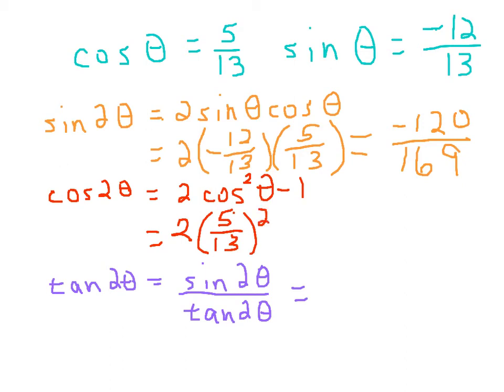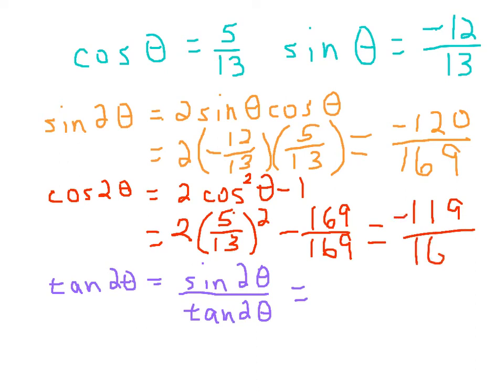I know I'm going to end up with a denominator of 169 when I square that first number, so let's write 1 as 169 over 169. 5 squared is 25, times 2 is 50, so 50 minus 169 gives negative 119 over 169. That's what the cosine of twice that angle is.